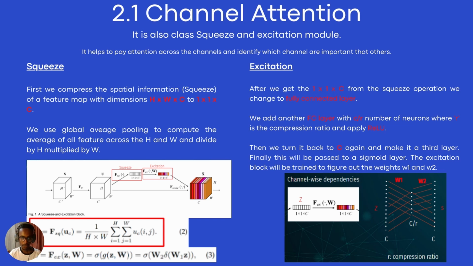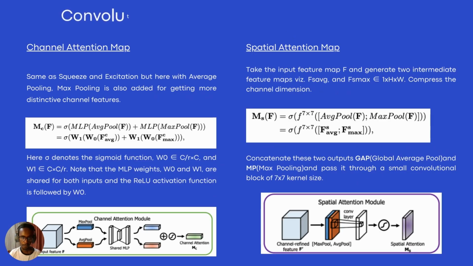This part of the network can be trained, and it helps us learn which channel is more important than other channels. So the different colors on the final feature map we get after the excitation operation represent which channels are more important. In other words, we're paying attention to the channels.